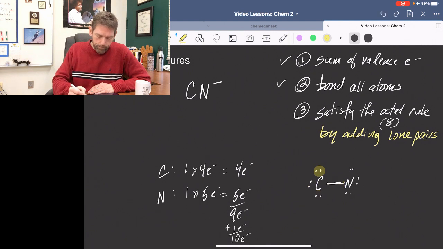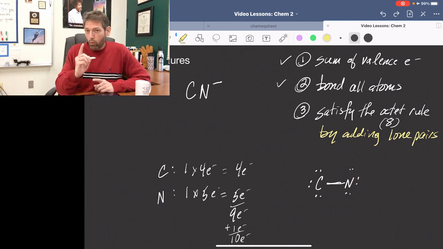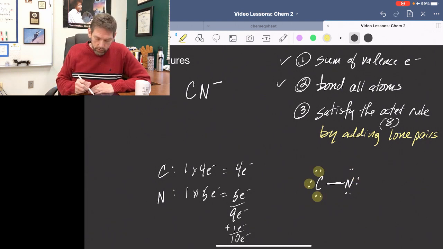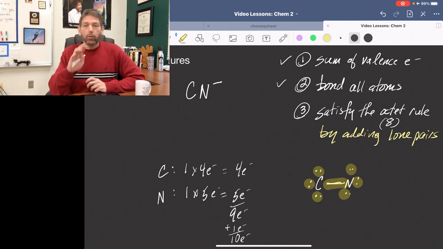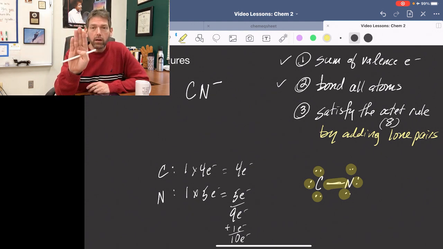Around the nitrogen, 2, 4, 6, 8, because there's that covalent sharing, right? If we were to now go back to rule 1, 2, 4, 6, 8, 10, 12, 14, we need 10. So we have 4 more than what we need.